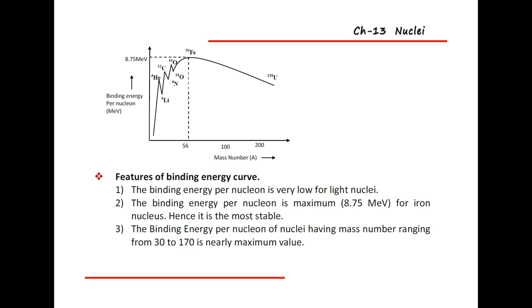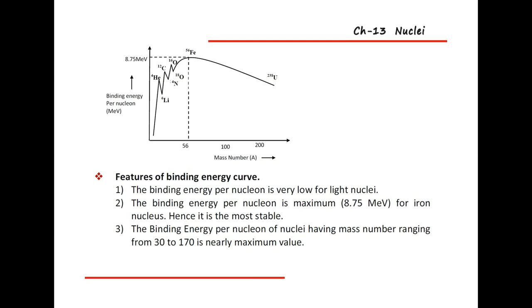The binding energy per nucleon is very low for light and heavy nuclei, and it increases rapidly up to A equal to 20, and the curve contains peaks corresponding to helium, beryllium, carbon, and oxygen.